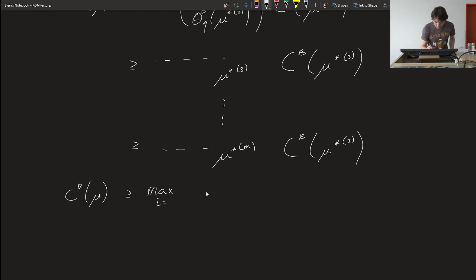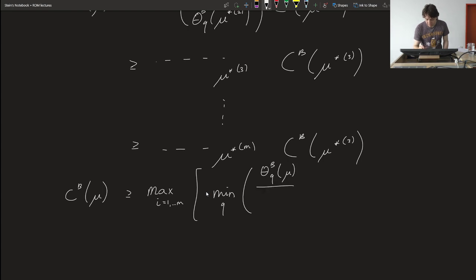So i is equal to 1 to n, and let me write it out one more time explicitly, times the minimum over all the q's of theta b q at mu divided by theta b q at mu star, reference point number i, times CB at mu star, reference point i.